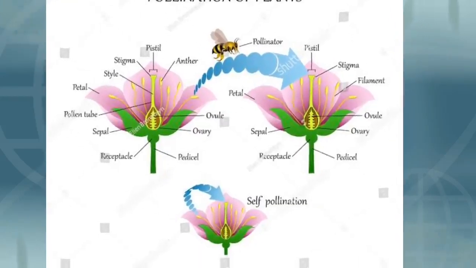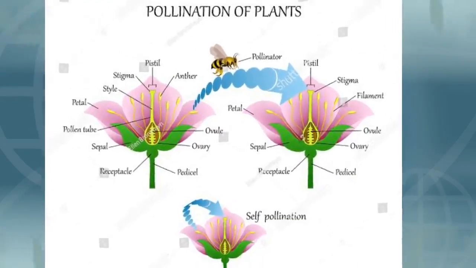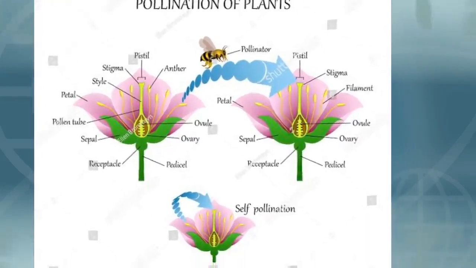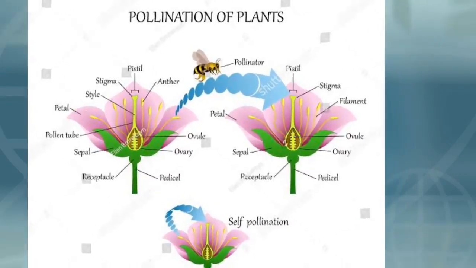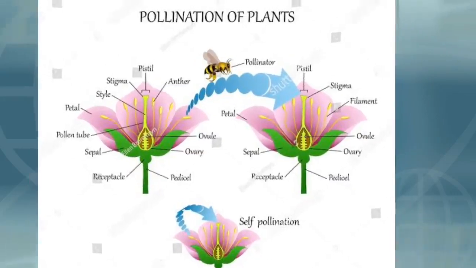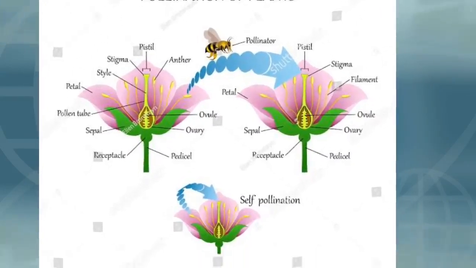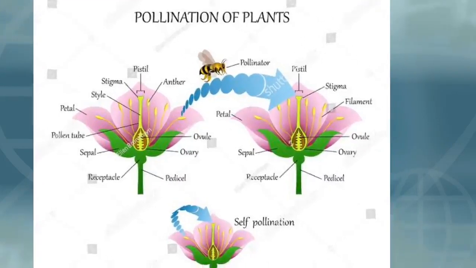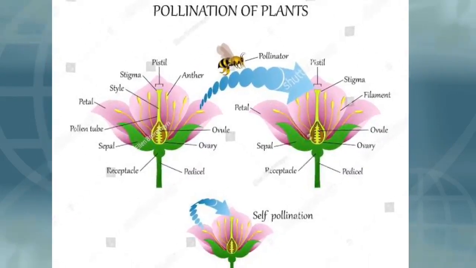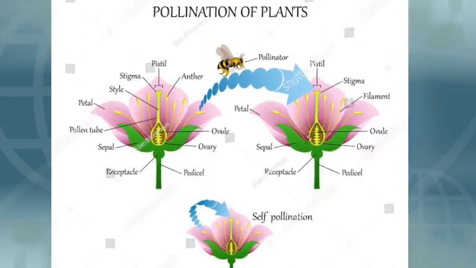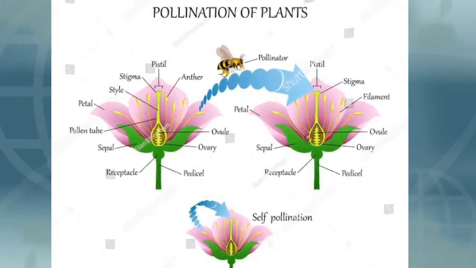When the insect sits on the flower, the pollen grains stick to its body and may get rubbed off when it sits on another flower. This helps in pollination, right?